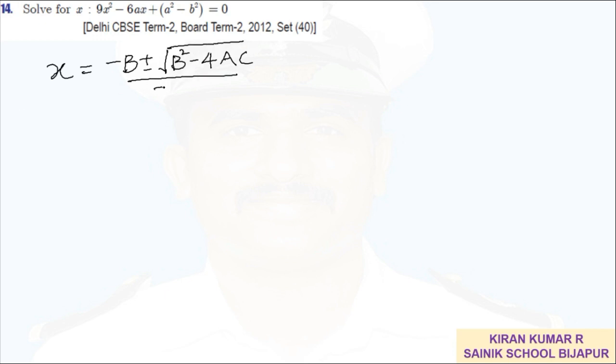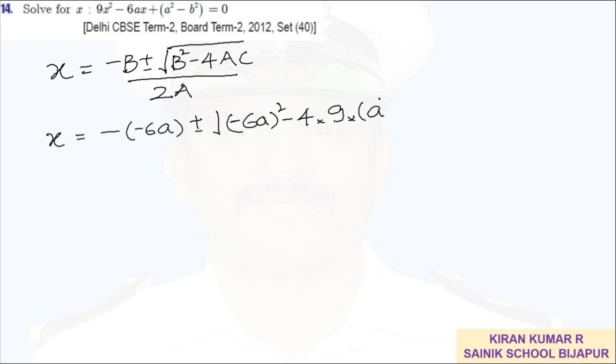Let us now substitute the values of a, b and c. We get minus of minus 6a plus or minus root of minus 6a whole square minus 4 times of AC. A is 9 and C is a square minus b square divided by 2 times 9.